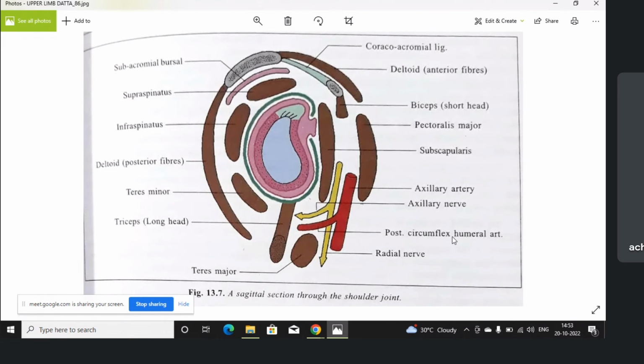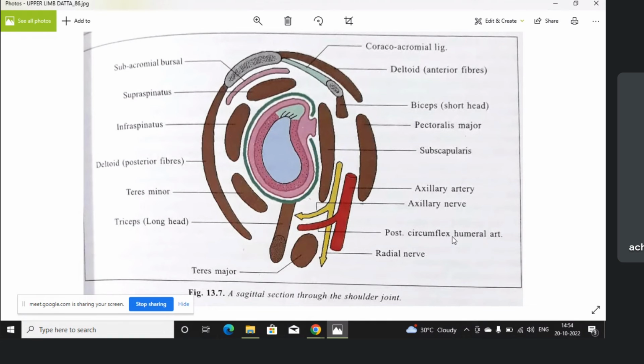So these are the relations. They can ask this in another way as a question: rotator cuff. The rotator cuff is formed by all these muscles.